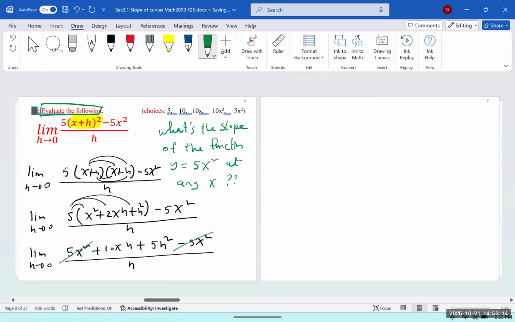So we do limit h goes to 0 of 10xh plus 5h squared over h.